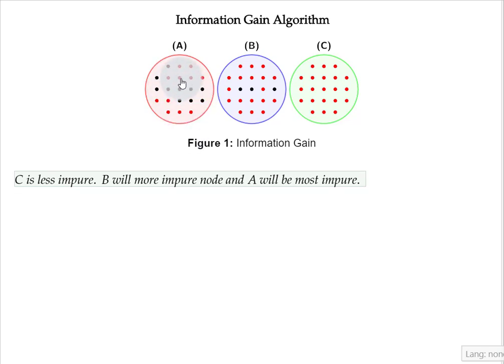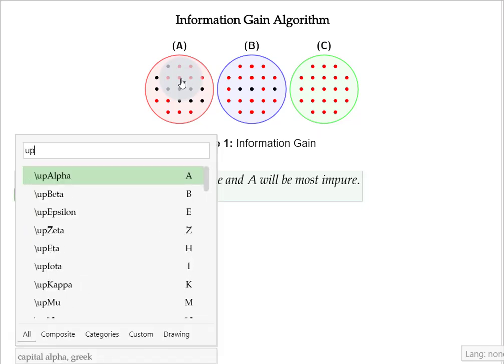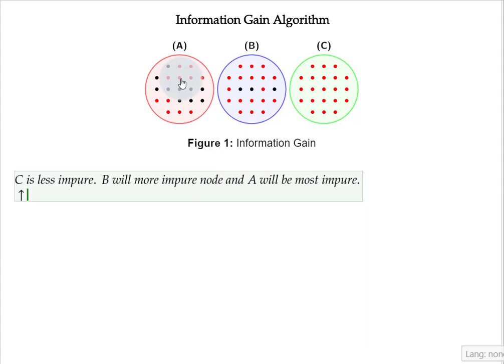Because when you have a mixing up of something, we need a lot of information to explain it. Or, to say it the opposite way, the more information we need to explain a node, the more impure that node is. Now this measurement of impurity is called entropy.